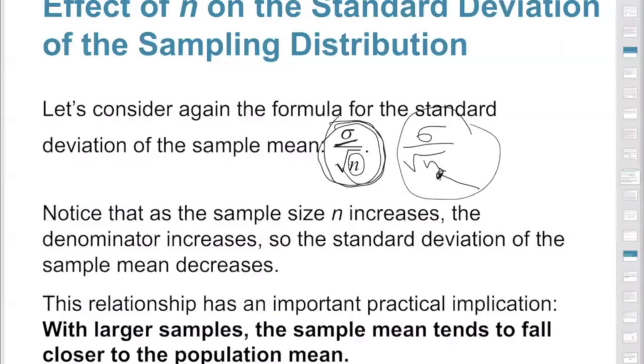It will decrease, right? And is it something good or bad? It's something good. Why? Because you make the distribution less variable. If you increase the sample size, the standard deviation will be lower, which means the distribution has less variability.